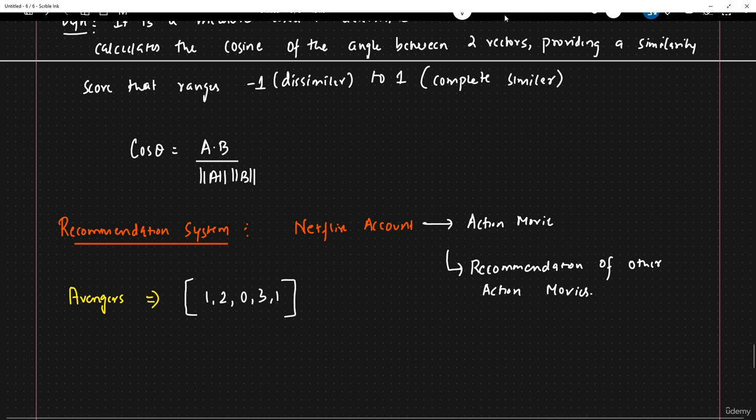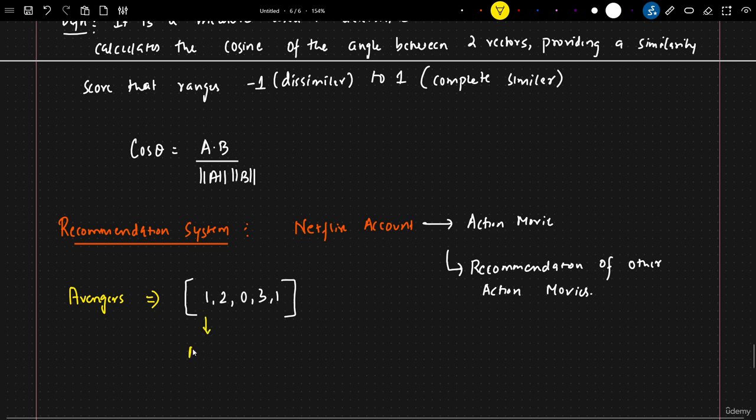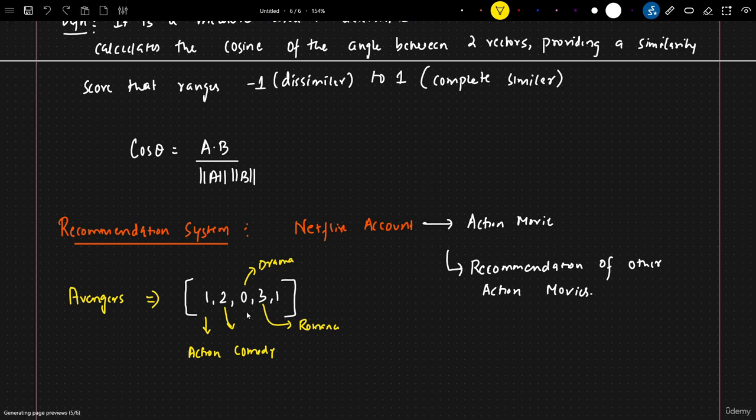The first value is assigned based on a feature called action, the second based on comedy, the third may be drama, and the fourth may be romance. So this is how Avengers is represented by this number of dimensions.